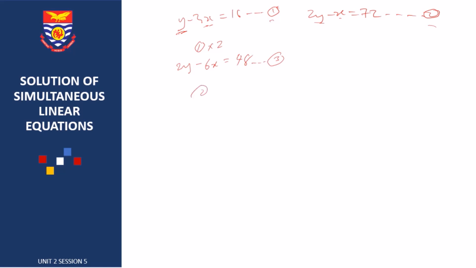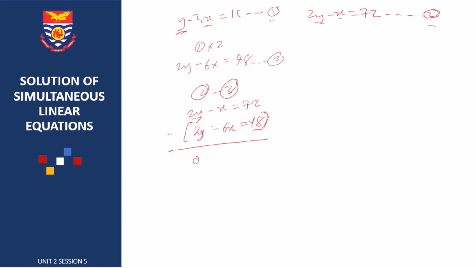So I can say equation 2 minus equation 3. So that I'll have 2y minus x equal to 72, my equation 2. Then minus my equation 3, which is 2y minus 6x equal to what? 48. I'll close it. Then I'll do my calculation.